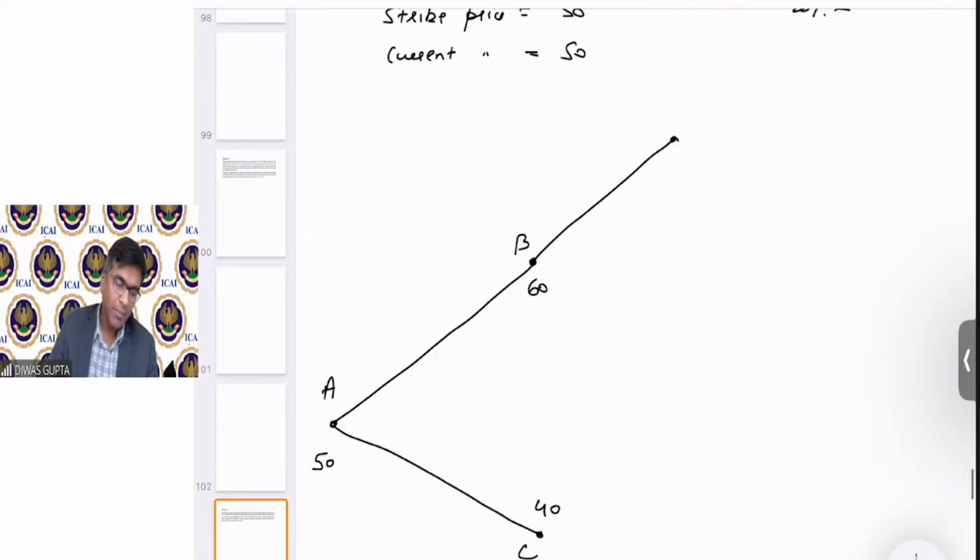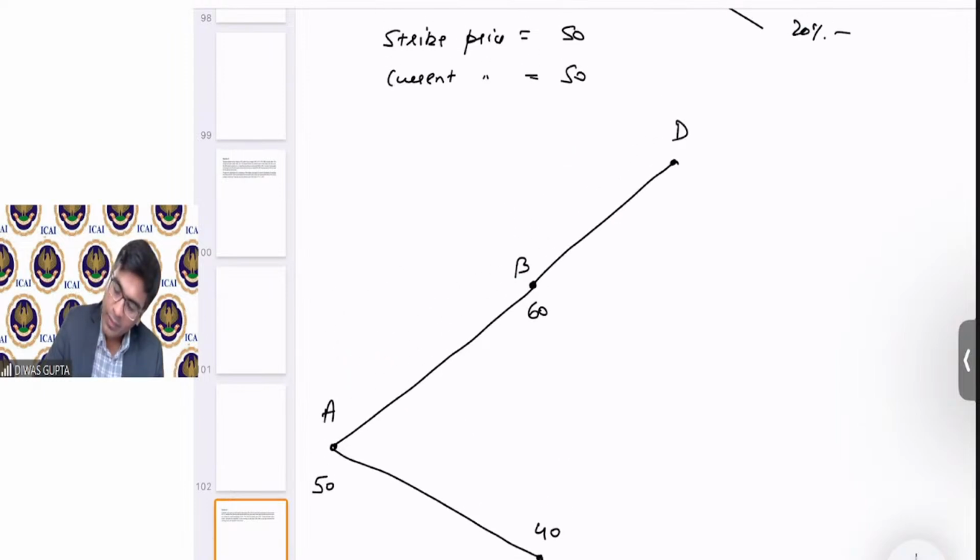Then it can become 72. Correct, students? 60 plus 20% of 60, which is 12 rupees. So 12 plus 60 is equal to 72. Then there is another possibility that this 60 can go down by 20% of 60, which is 60 minus 12, which is 48.